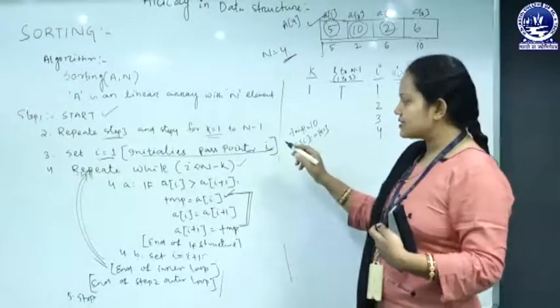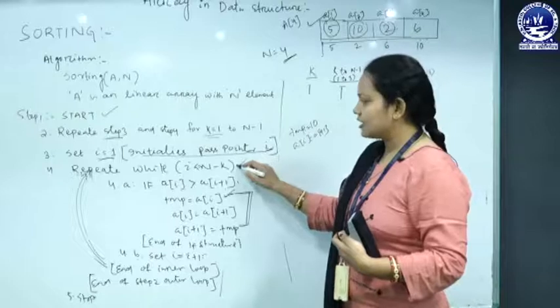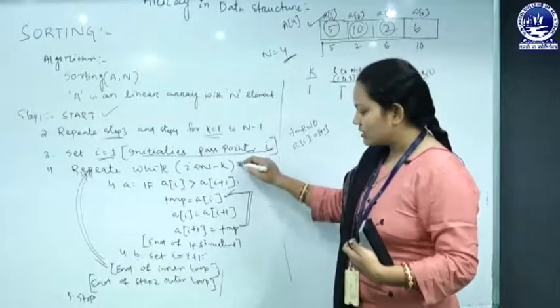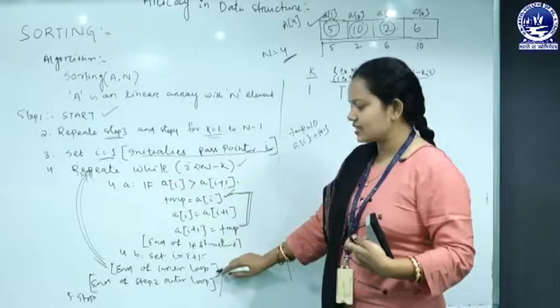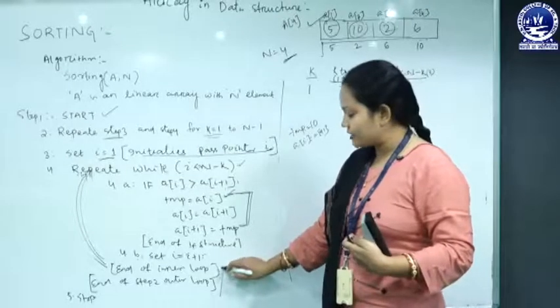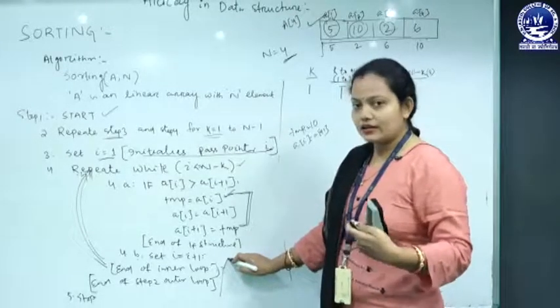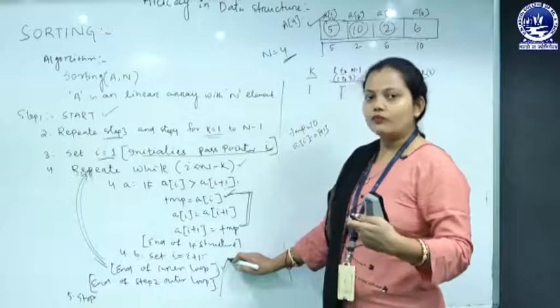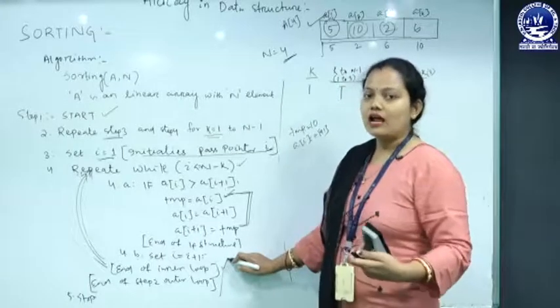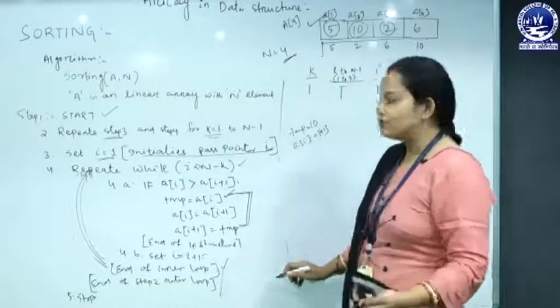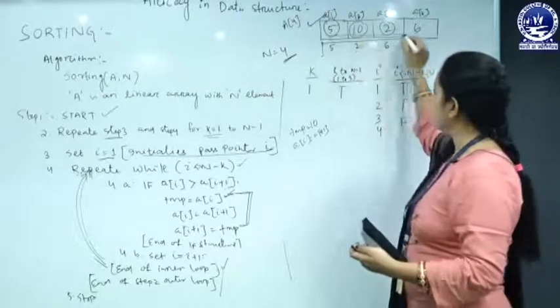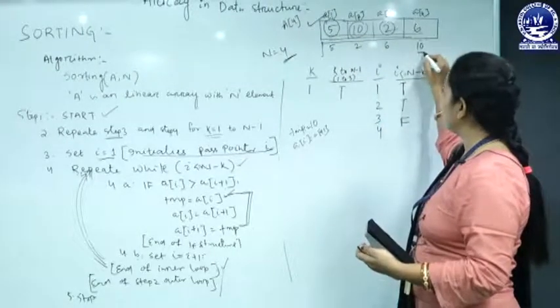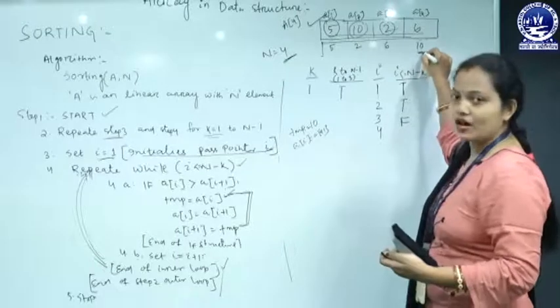When the condition is false, we exit to the end of the inner loop. At the end of the inner loop, our first pass is completed, and the largest element in the array will be present at the largest index location of the array.